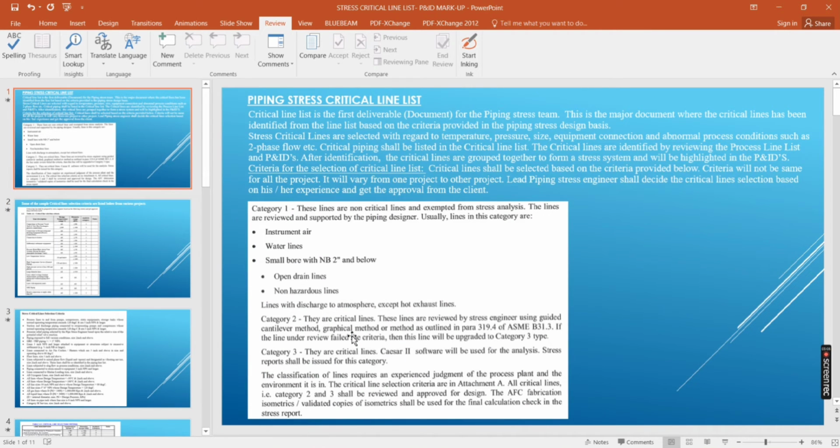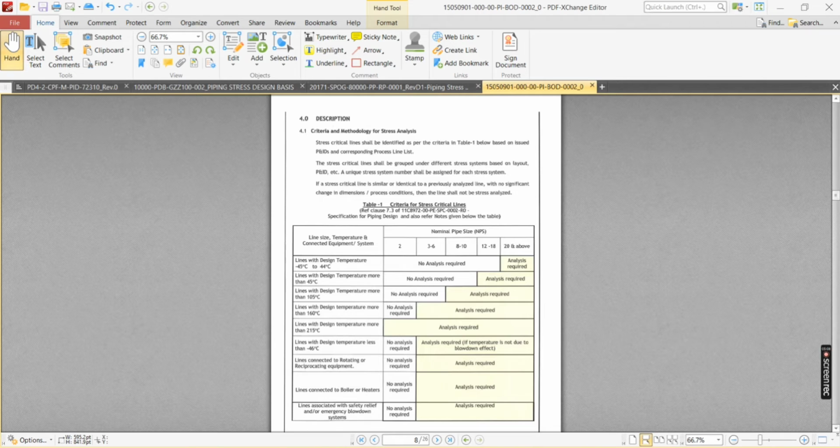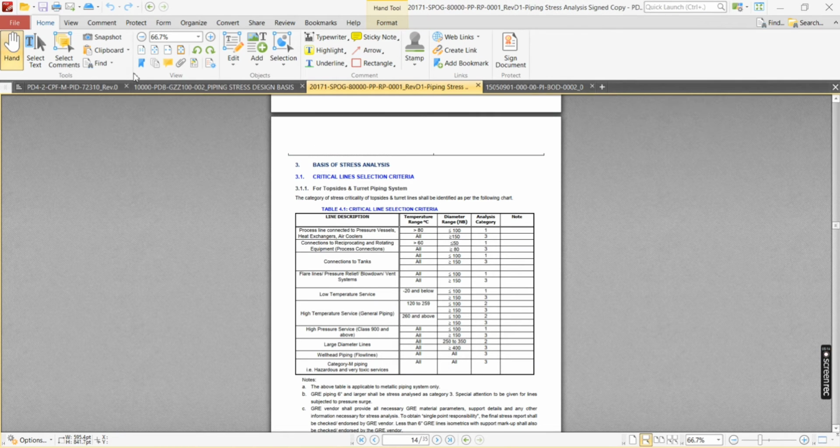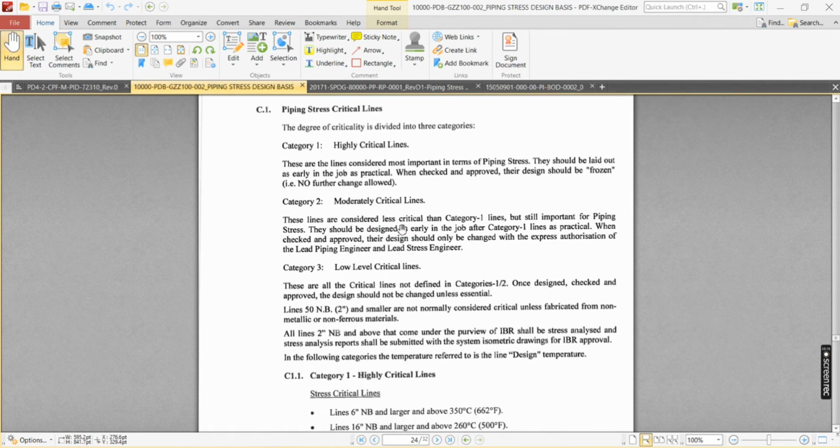There are some criteria, and I will show you some criteria for selection. I have opened the stress design basis of a project. For example, in this project, category 1 is highly critical lines, that is, it requires stress analysis using software. Category 2 is moderately critical lines.